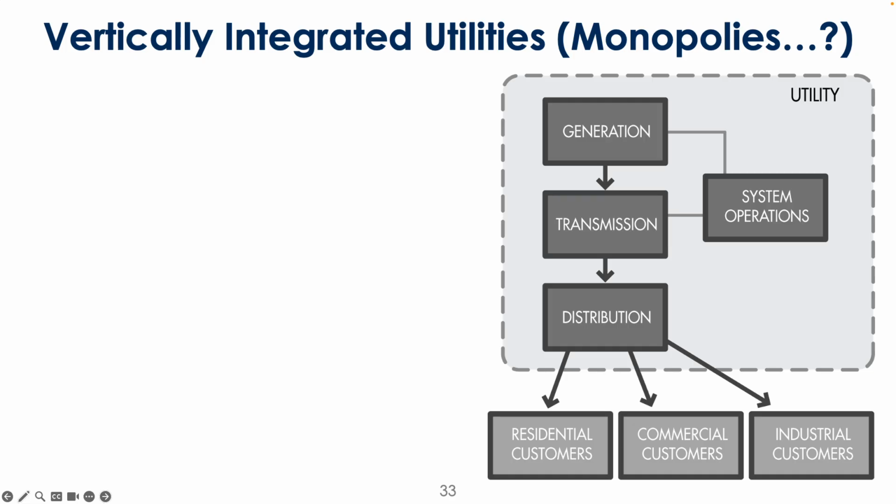In what is known as a vertically integrated utility, right, this is a term in economics that we refer to as capturing all of the things that would go into providing a good and service. If that's all vertically integrated, that means the utility, in this particular example, owns the distribution system, the transmission system, and all of the generators.